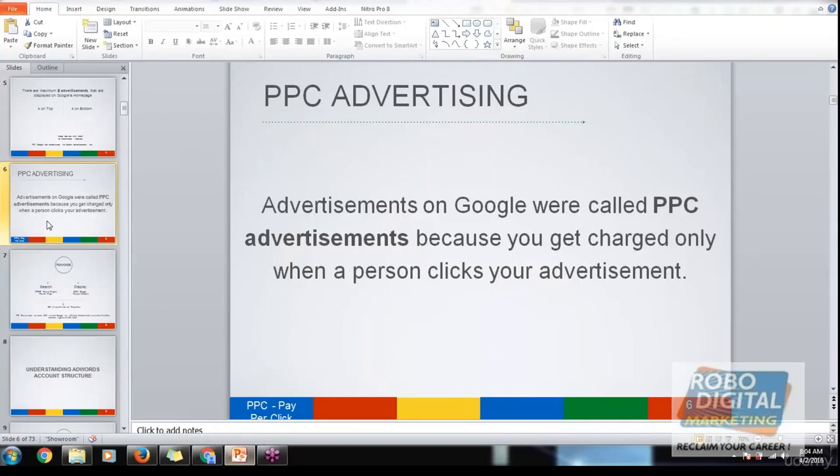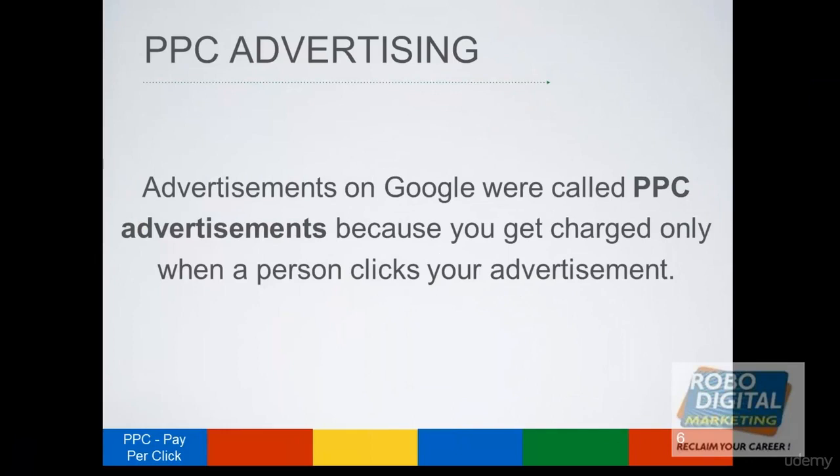So that reduces the chances that you are losing money for showing ads, and improves the chances that when the money is deducted from your account, you will surely be getting a visitor to your website. Earlier this was not the case.